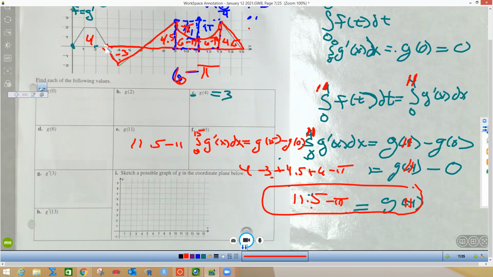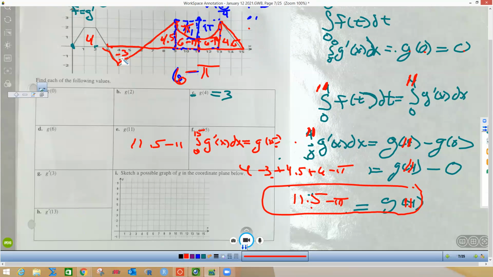Well, we already said that G of 0 is 0. So this goes away because this is nothing. So G of 15 is going to equal the area from 0 all the way over to 15.